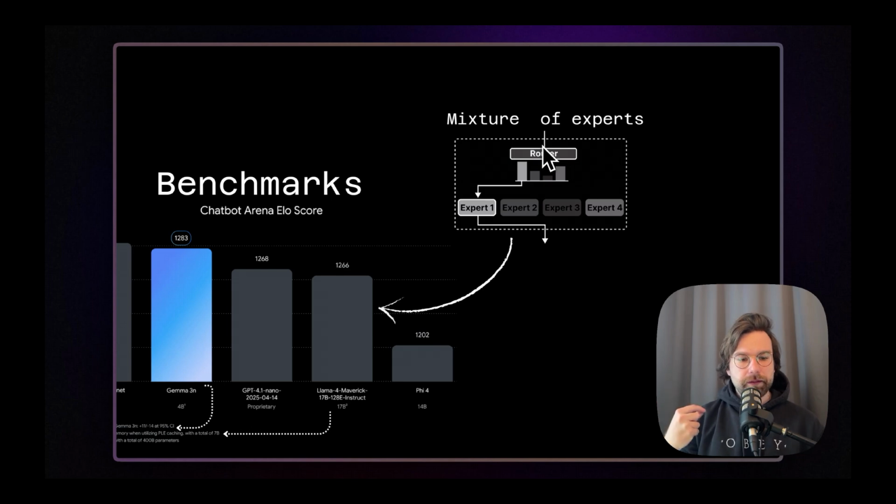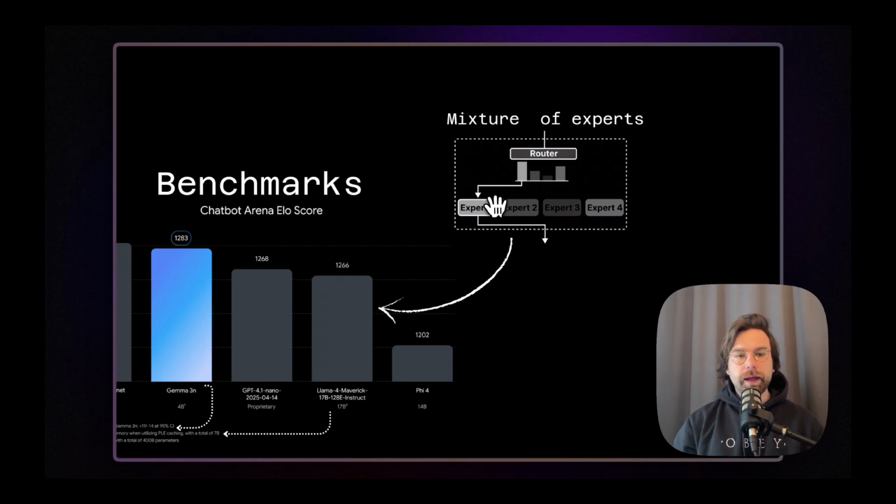But it doesn't mean that it only needs 17 billion parameters to be loaded to memory to run. It actually needs to load all of the experts in memory for inference. Of course, it is faster than the regular model of this size because the request only goes through one of the experts, but all of the experts have to be loaded to memory at once.